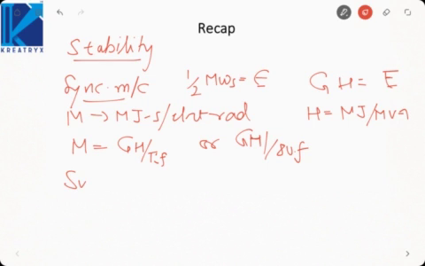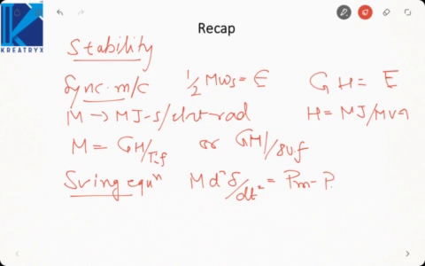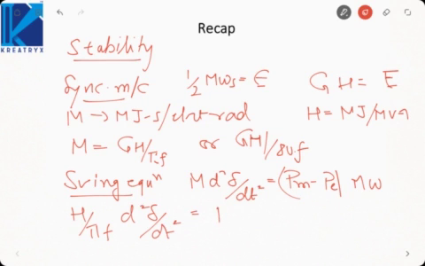Then we saw the swing equation. This was M d square delta by dt square is equal to Pm minus Pe, where Pm is the mechanical input and Pe is the electrical output in megawatt, or H by pi F d square delta by dt square equals Pm minus Pe, but here powers were in pu.